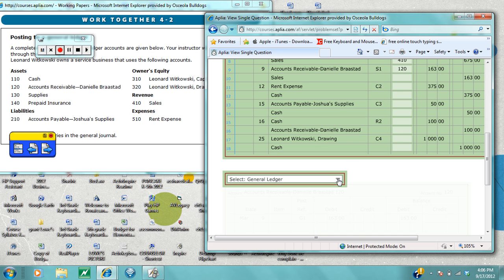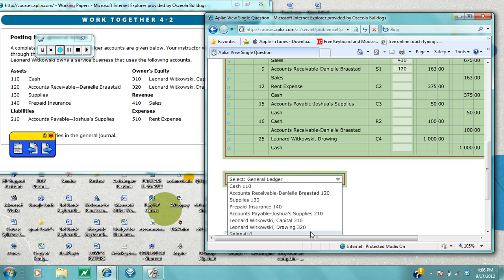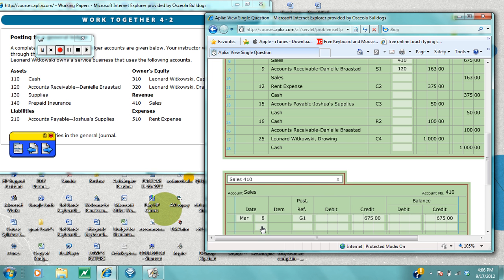Go to sales. Put in the date. It's the 9th. G1. So credit of 163. Add those together. This credit plus this credit equals a bigger credit. If it was a debit, you would subtract, but it's a credit. 675 plus 163 equals 838. Take that account number, 410, put it up here.